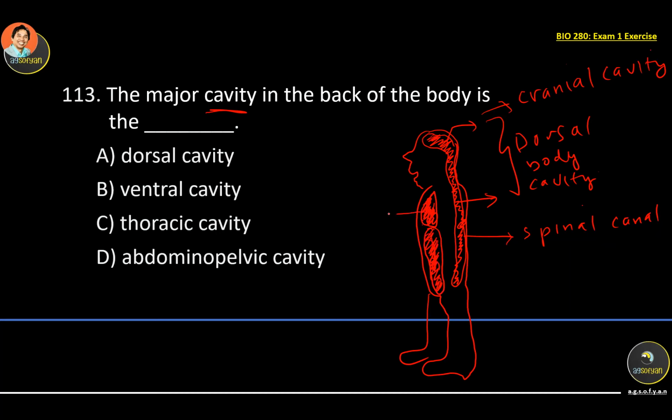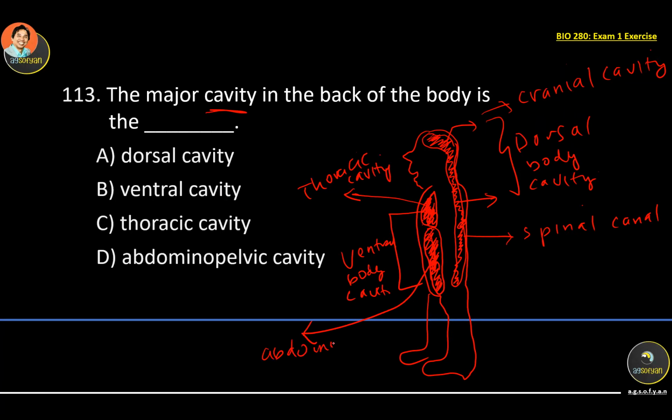Both of these are called the ventral body cavity. It consists of the thoracic cavity, the chest cavity, and the biggest one, called the abdominopelvic cavity.